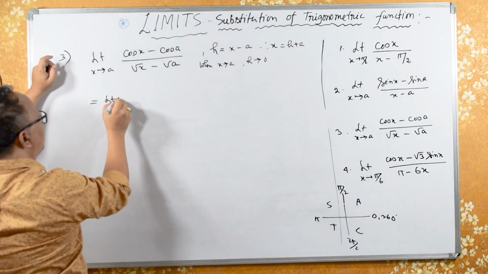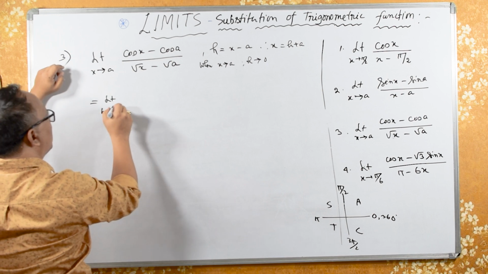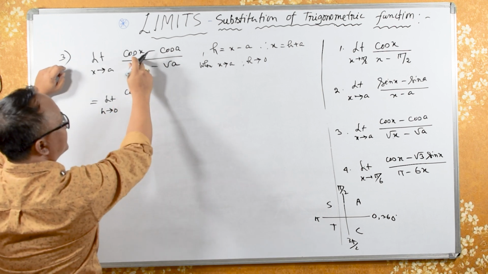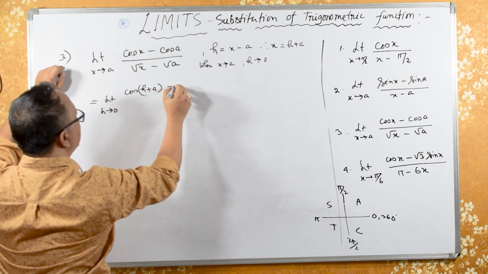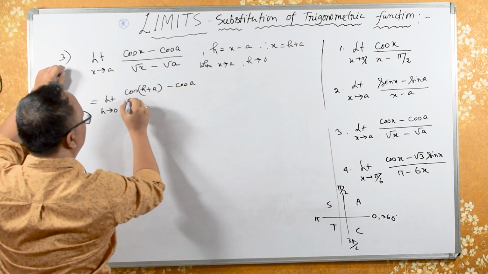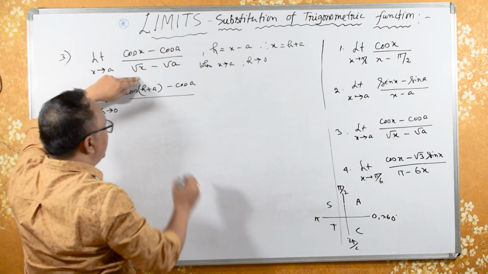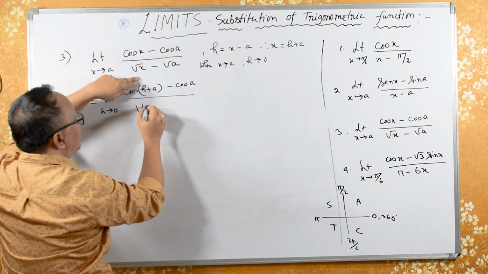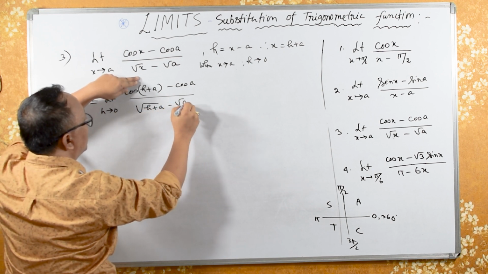Therefore, limit of h tends to 0 of cos of x, where x is h plus a, minus cos a, upon root x, where x is h plus a, minus root a.